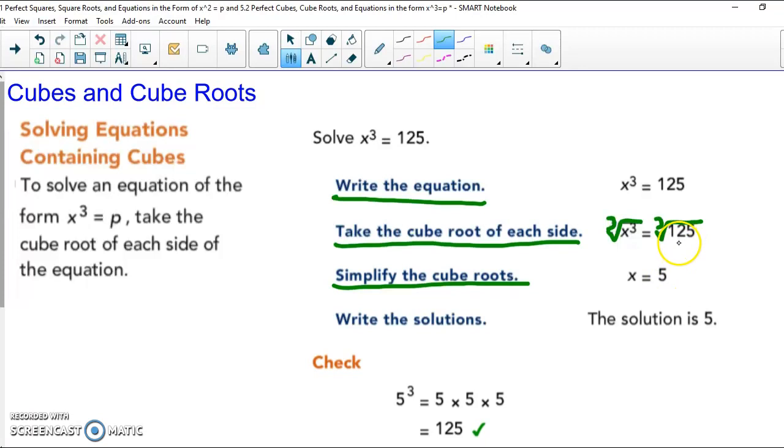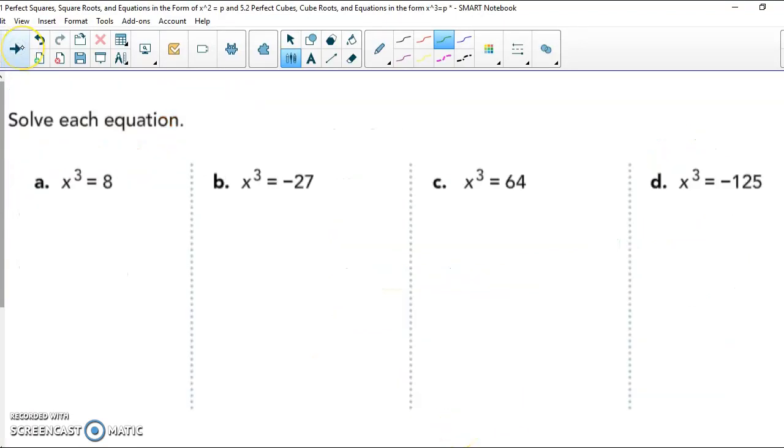And you'll find that the more you begin using these, you'll become familiar with these answers and you'll know them right off the top of your head. So in this case, the solution is 5. And if I substitute that back into my original equation, 5 cubed equals 125. Well, 5 cubed literally means 5 times 5 times 5, which is in fact 125.